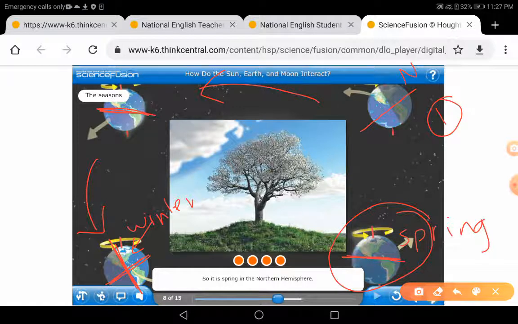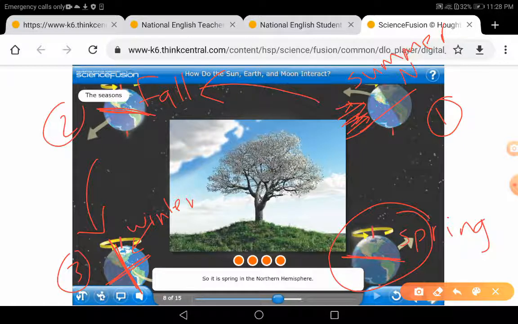Okay, so here we have summer in the northern hemisphere. Why summer? Because the northern hemisphere receives more sunlight, so it experiences summer. What comes after summer? Yes, fall. We're still talking about the north hemisphere. Okay, this is position number 3.